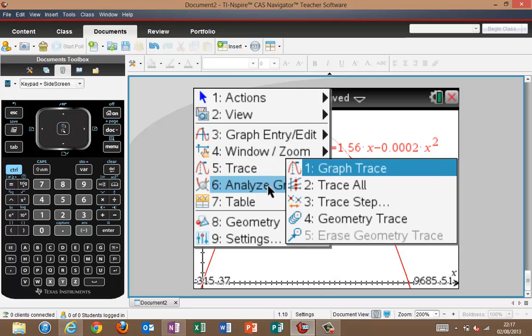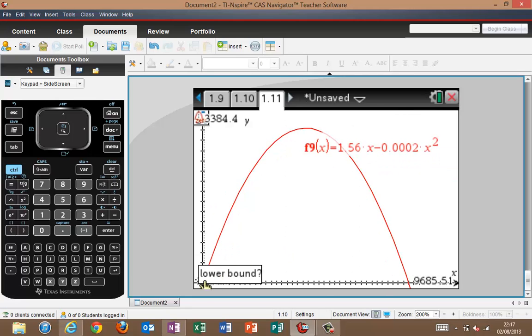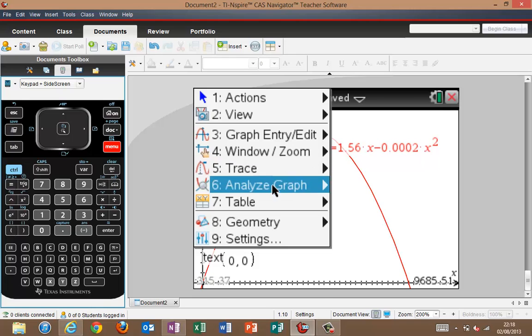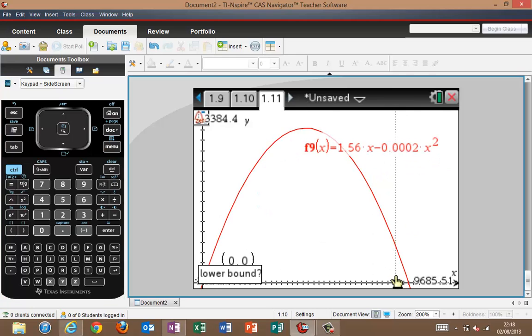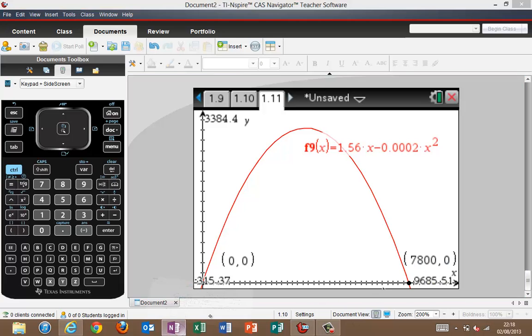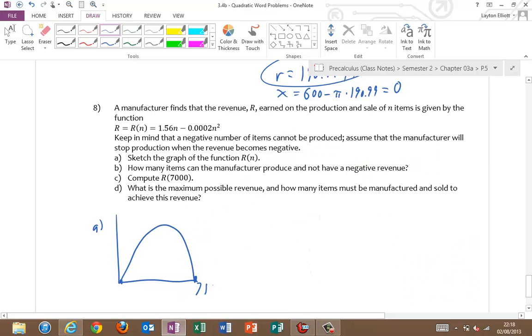Let's do Analyze Graph and get my zeros. I'm going to go left bound, right bound here, and I have 0, 0. Then I'm going to do another Analyze Graph, zero. Let's do a left bound, right bound here, and I have this point at 7800. So that is at 7800, and the other is at 0.